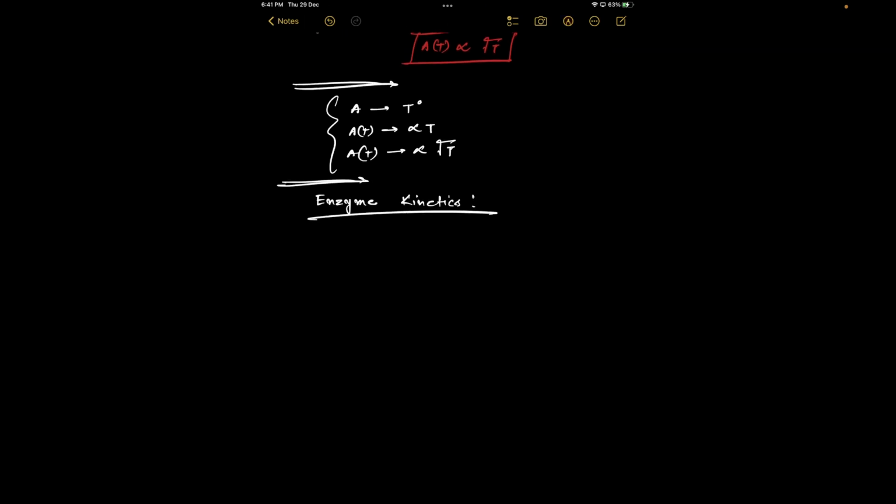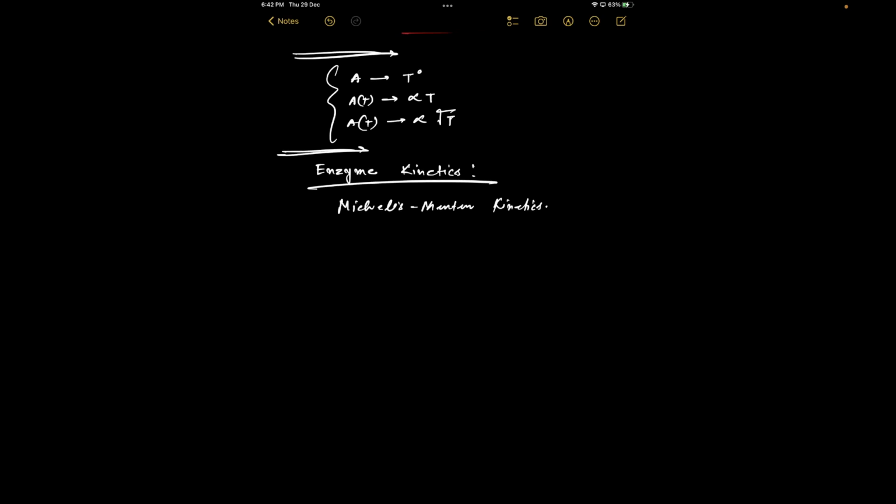So basically in enzyme kinetics there is one model which is very popular, which is the Michaelis-Menten kinetics, right? So in this model, let's say E is for enzyme and S for substrate.